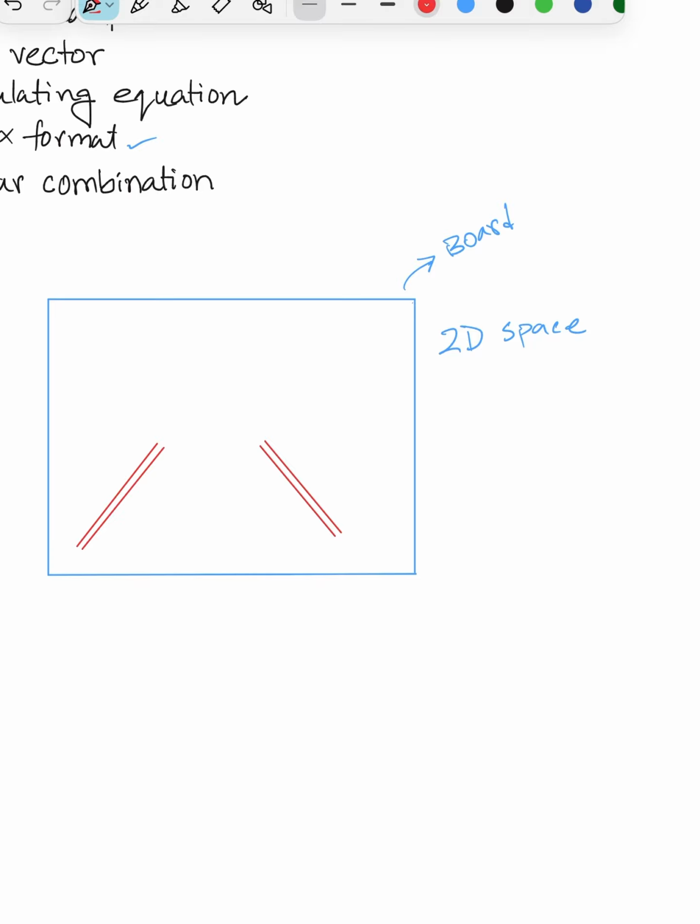But let's say these two guys here, this one and this one, these are two lines of action. We have a ball here that can move along these two dimensions.